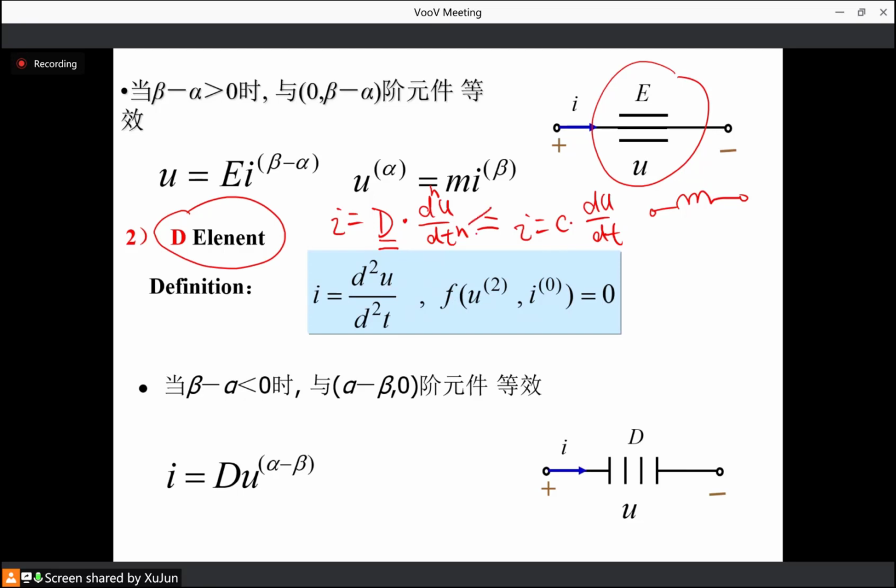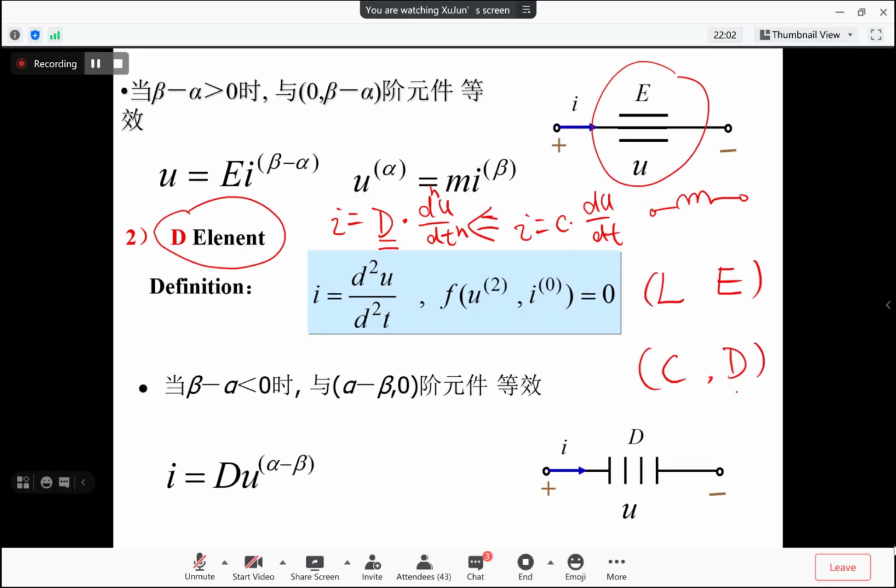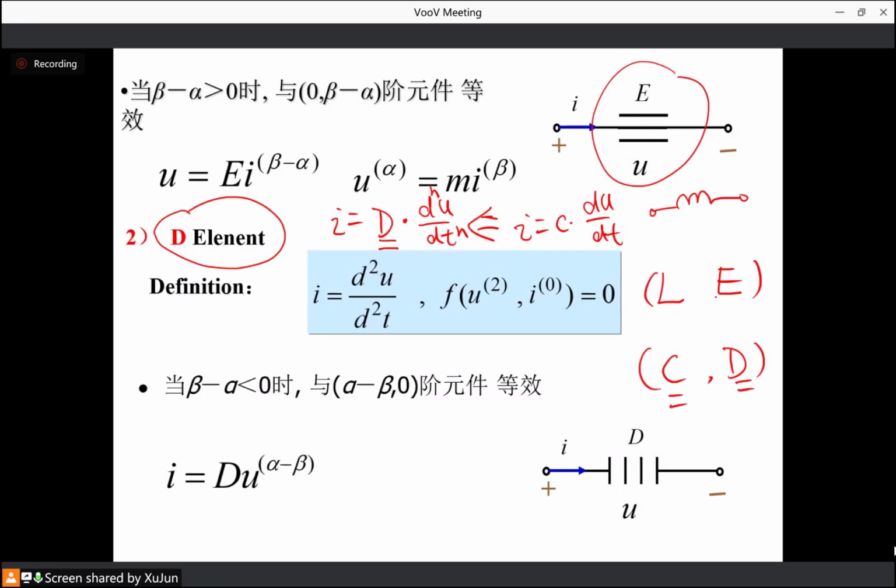So the D element we can treat as a generalization of the C component. So the L and the E are similar, the C and the D are similar. One is just first order, the other is high order.